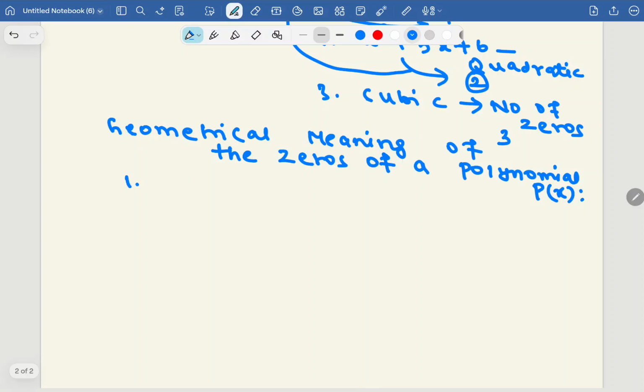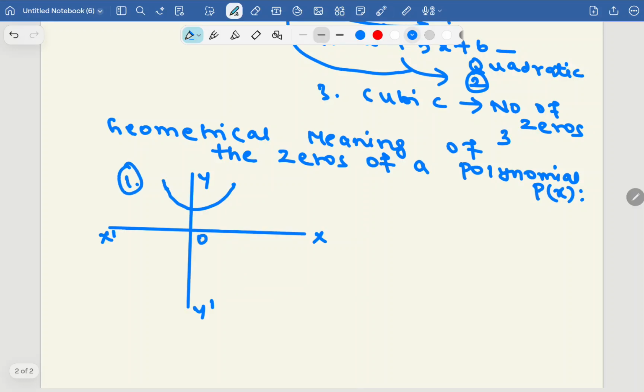First example, here in the first example we can easily say the number of zeros.